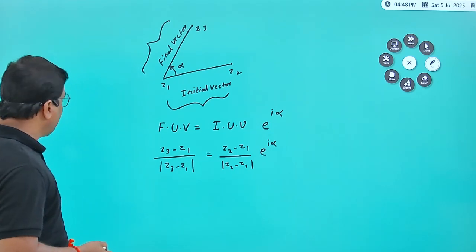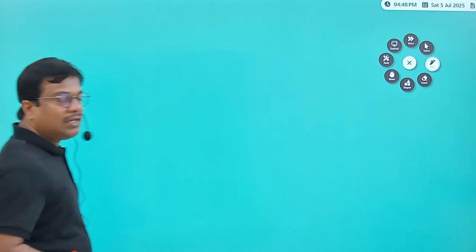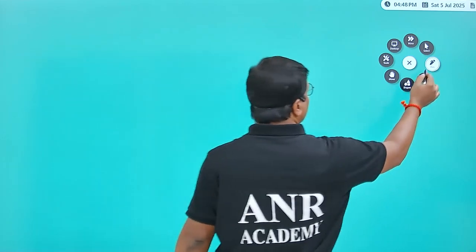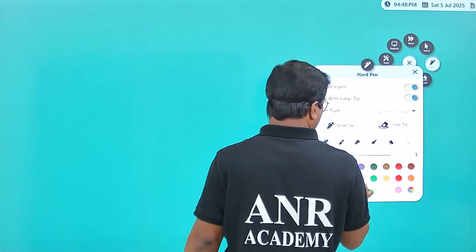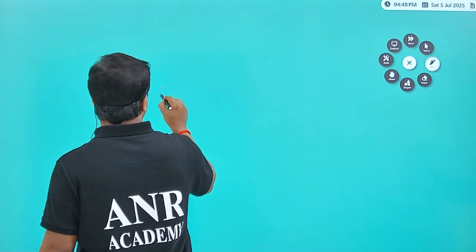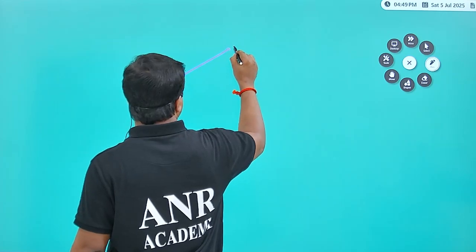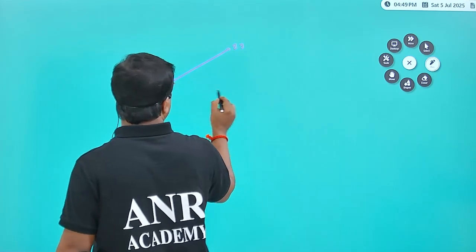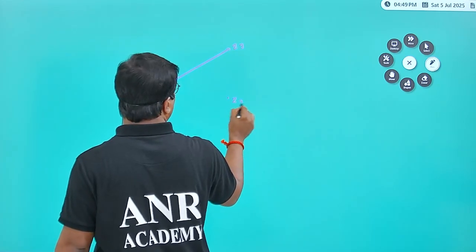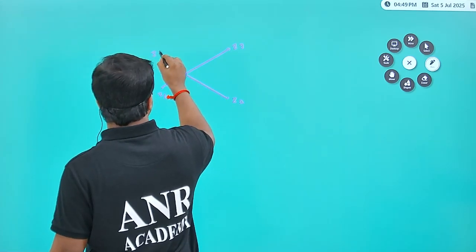And suppose that there are Z1, Z2, Z3 and Z4, 4 points, suppose this is Z1, somewhere here Z3, assume that here it is Z2, and suppose that this is Z4.